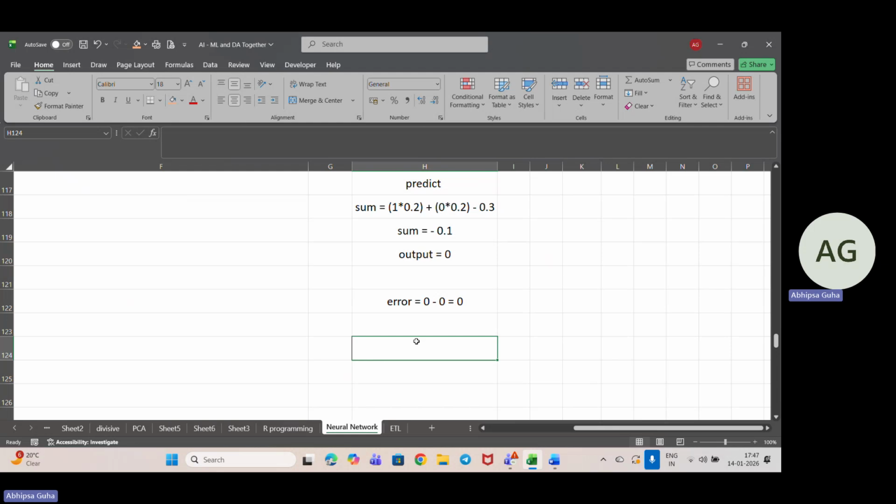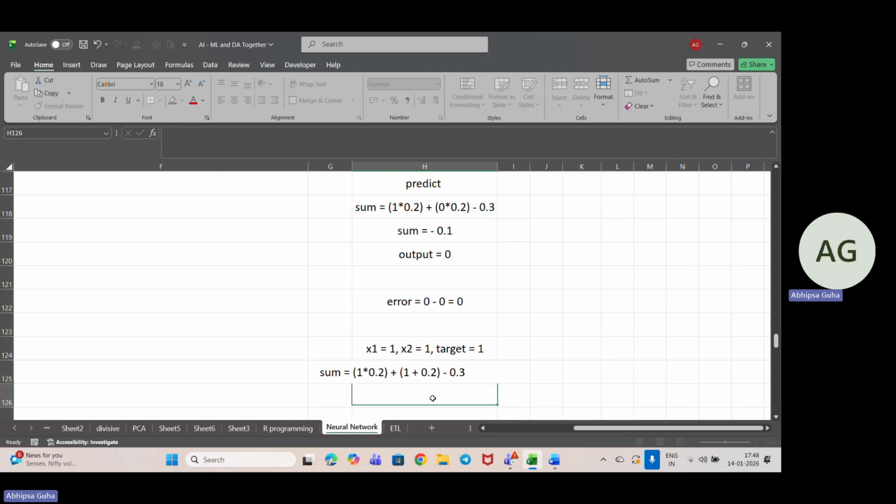Now I am taking another input. So x1 equal to 1, x2 equal to 1, and target is equal to 1. Okay, now I am doing the sum: 1 into 0.2, plus 1 into 0.2, minus 0.3.